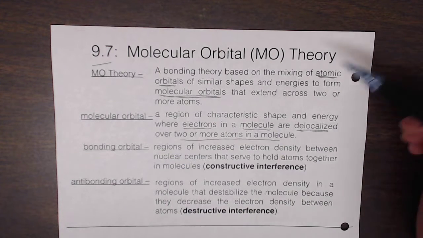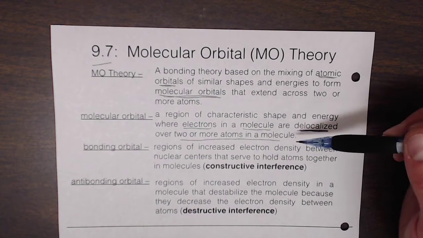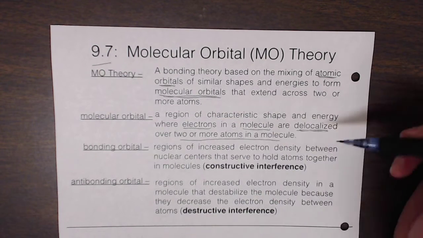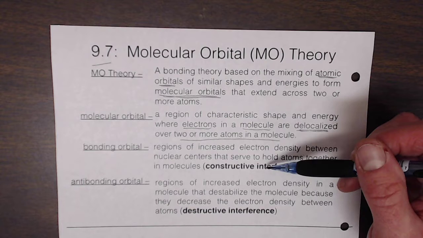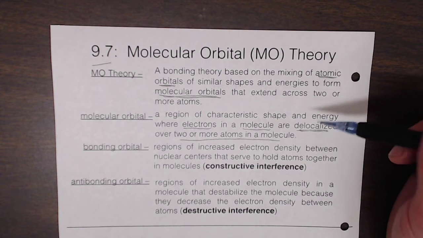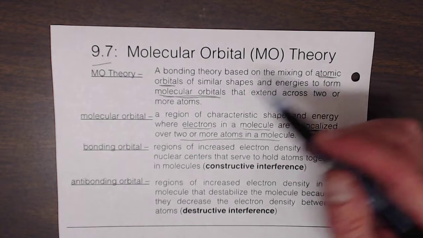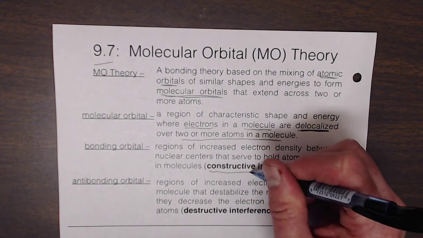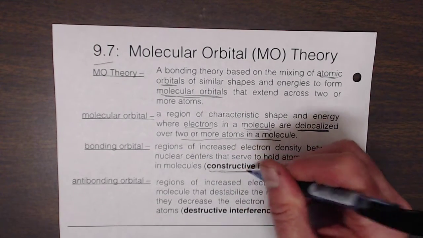And then a bonding orbital, regions of increased electron density between nuclear centers that hold the atoms together in molecules. And as we shall see, there's some quantum mechanics going on here in that we really view a bonding orbital as arising from constructive interference of electron waves.